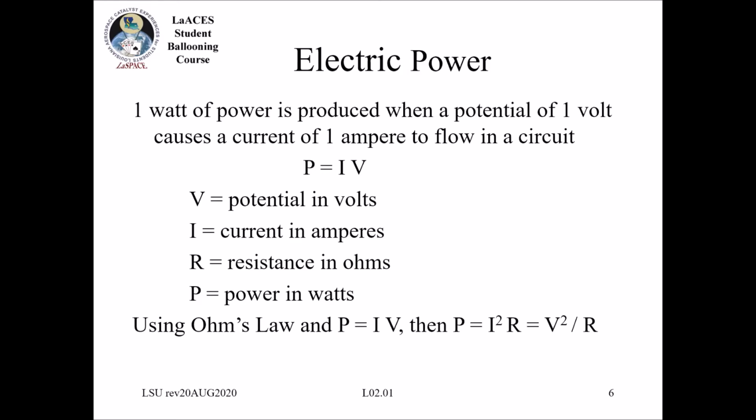And you can also take that previous equation of Ohm's law and start substituting in variables. So power equals current times voltage, but then power also equals the current squared times resistance, or also equal to voltage squared divided by the resistance.